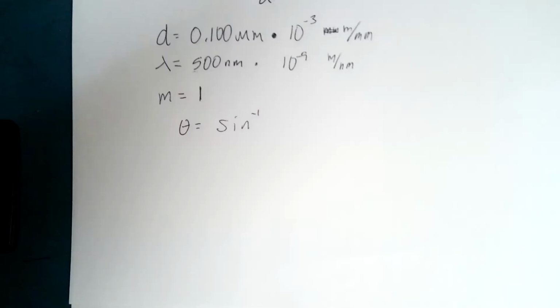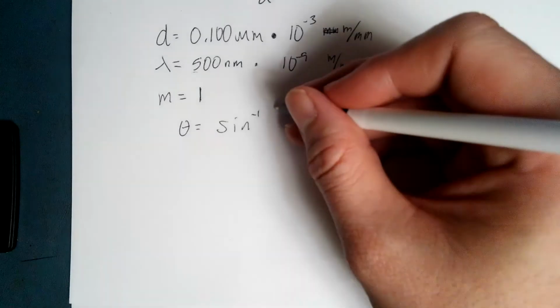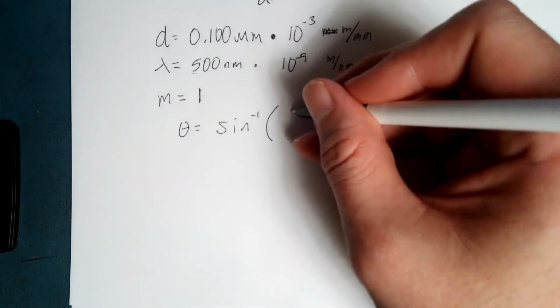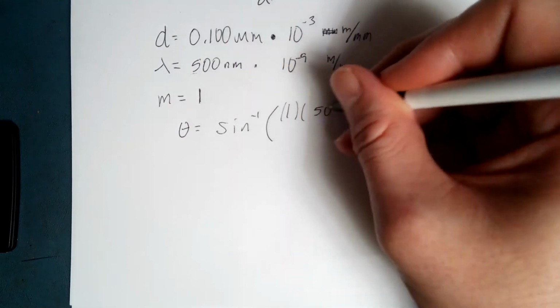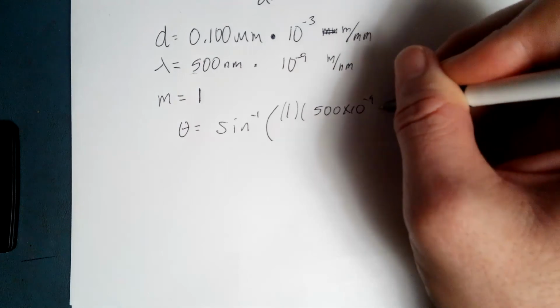It's always going to be an inverse sine here. Let's see, 1. There's no units on that. So we're just plugging in everything.